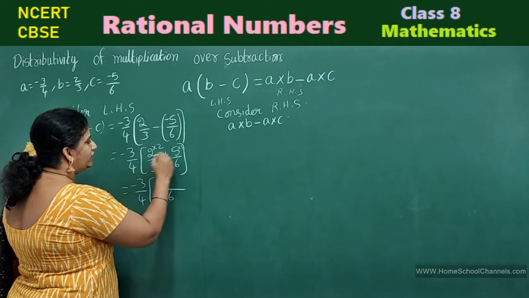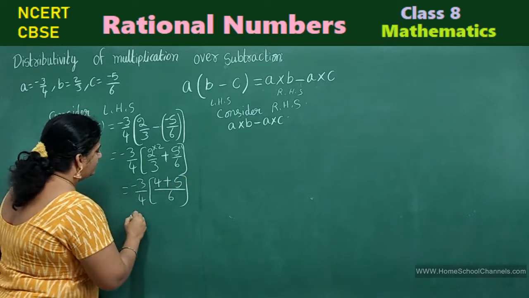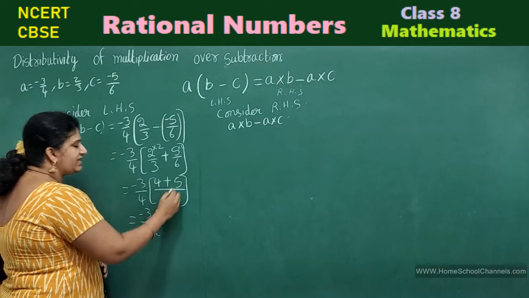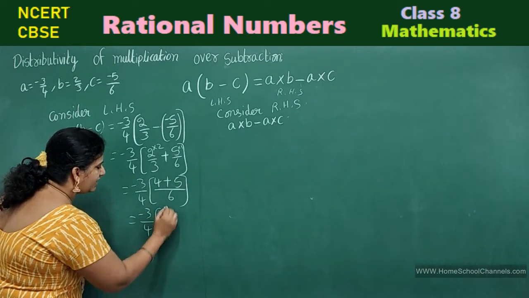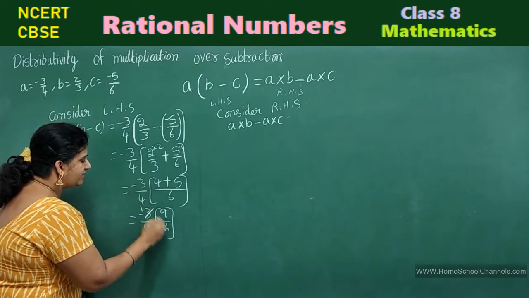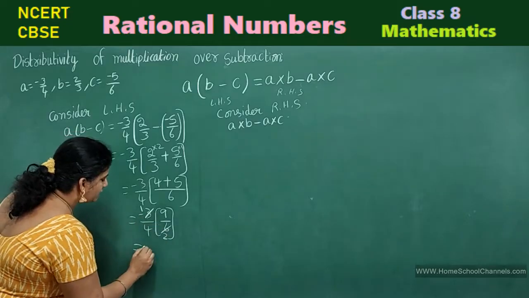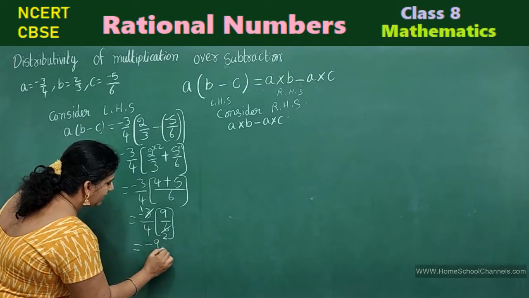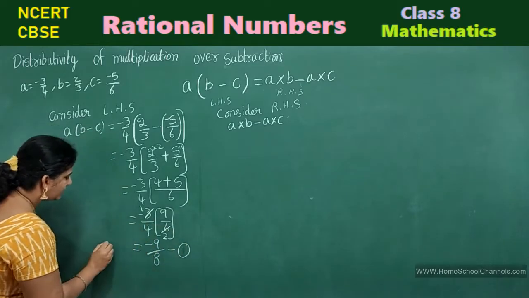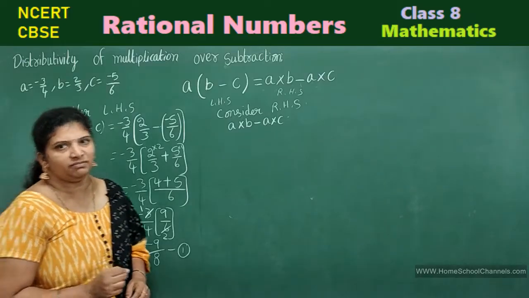And here 1, 2 2s are 4 plus 5. Minus 3 by 4 into 4 plus 5 will be 9, 9 by 6. If you want, you can cancel. 3 1s, 3 2s are 6. Minus 1 into 9, minus 9 by 4 2s are 8. Mark this as first equation. A into (B minus C) is equal to minus 9 by 8.